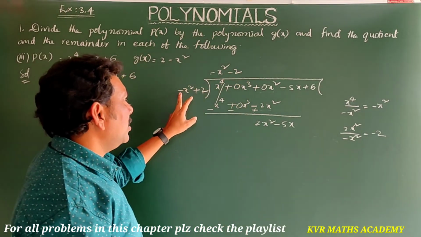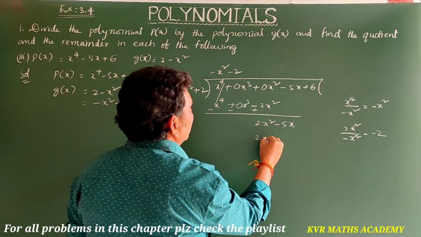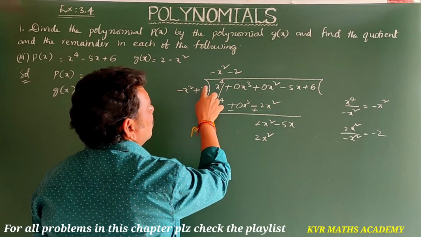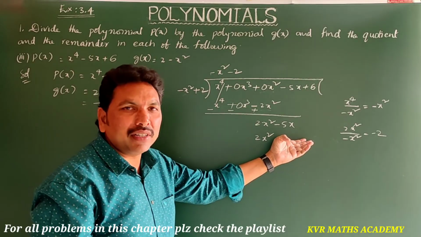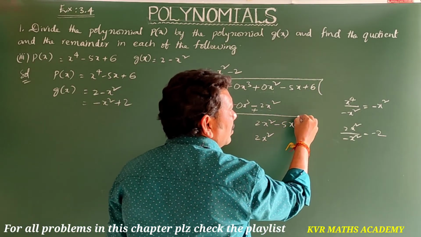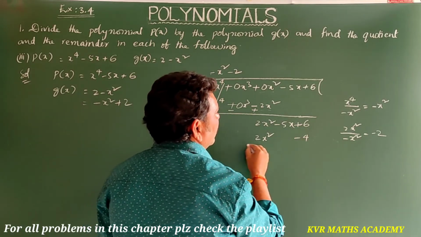Here minus 2 into minus x square is plus 2x square. Minus into plus, minus 4. 2 to the 4 has come. So not their constant term. So that's why this also put down. Plus 6 also put down. Right? Yes, this will be minus 4.